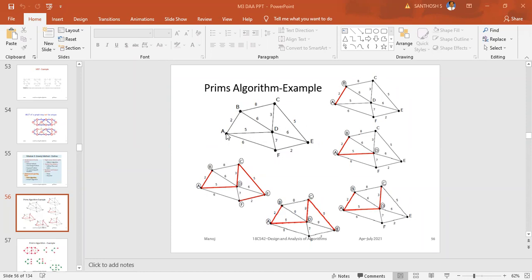Here we consider A or B as the source node. Your first node or second node can be the source node, and the last node will be the destination node.